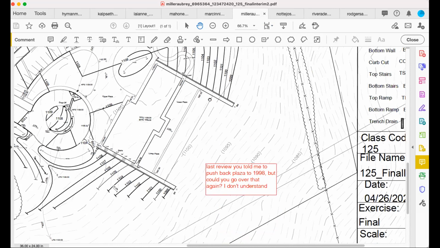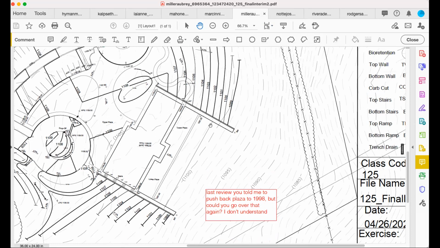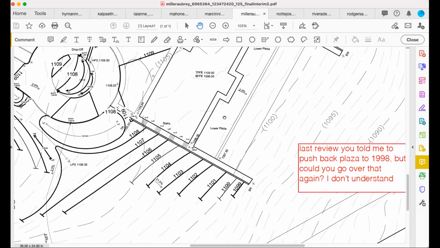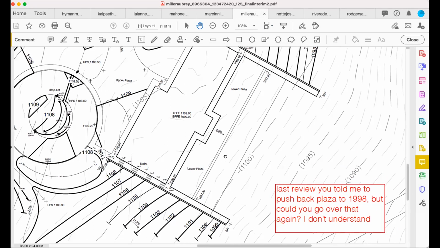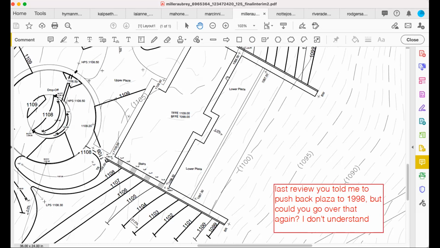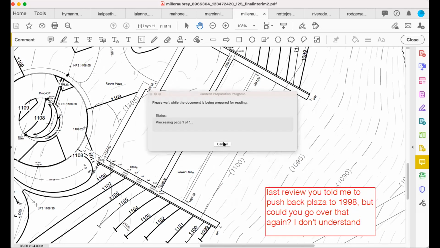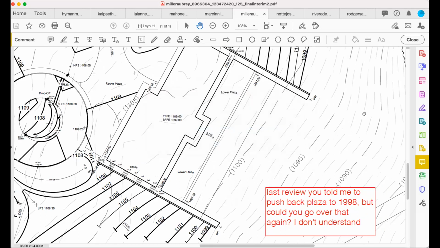So Plaza to 1098. Oh, okay. So Aubrey, are you here? Yeah, I'm here. So your bottom FFE is 1099, right? Basically, either this elevation or that elevation is 1099.